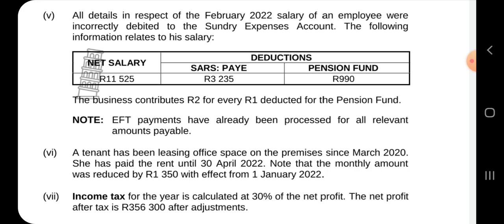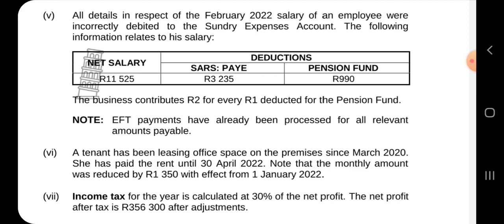So we are going to add the 11,525 plus the 3,235, and then the 990 plus the contributions by the business. The company contributes 2 rand for every 1 rand, so that will be 990 multiplied by 2, and it will give you 1,980.